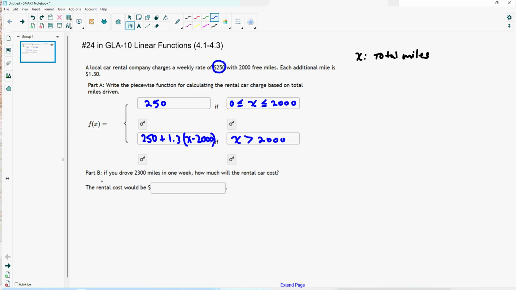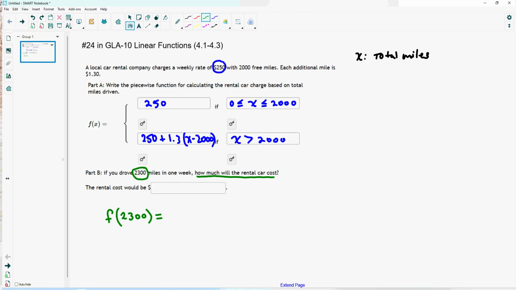Right, the next part says if you drove 2,300 miles, how much will the rental car cost? Right, so in other words, we're taking our function f of x and we're plugging in 2,300 for the total miles driven, which means that x is greater than 2,000.